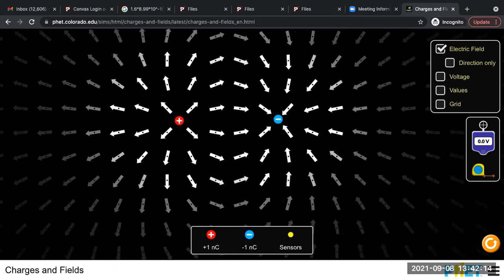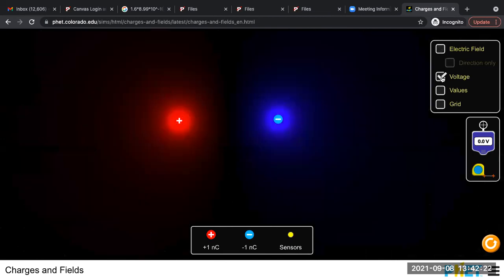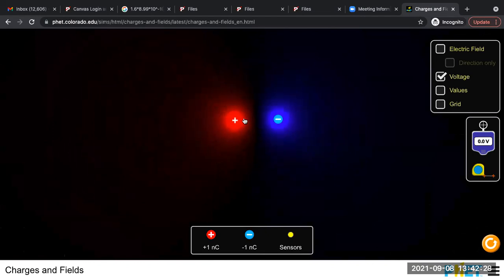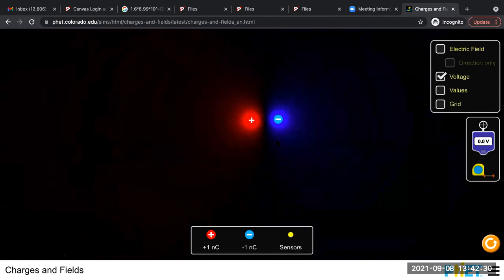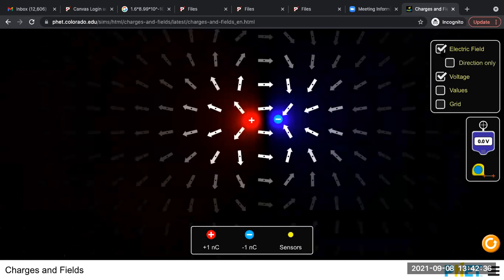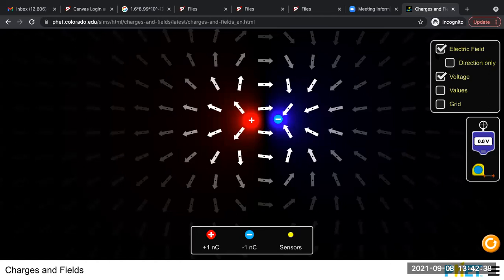Negative charge, electric field lines bend towards it. But instead of looking at the electric fields, you could look at the electrical potentials. And as you move from red to blue, that's the direction that electric fields take.